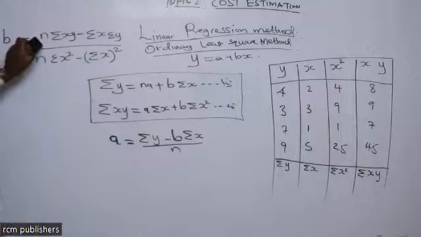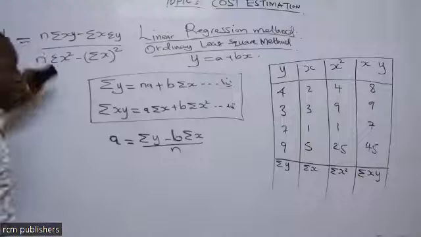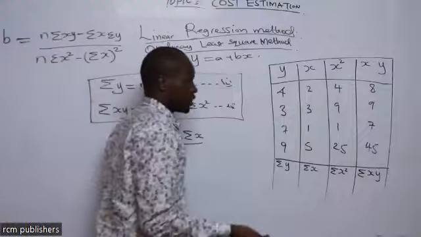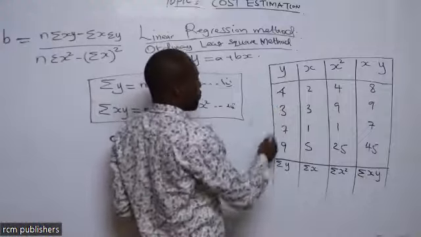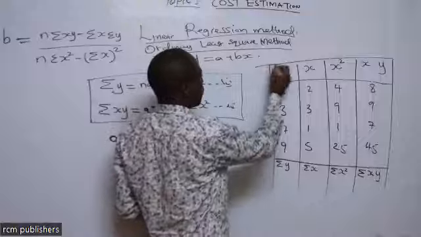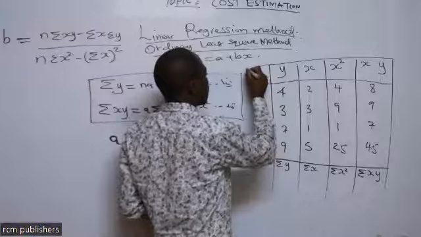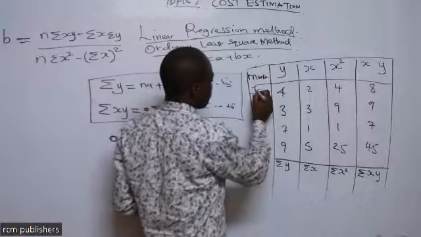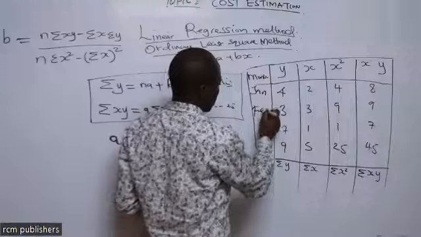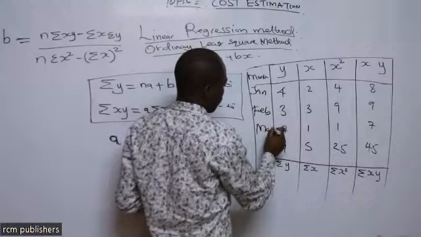This n, somebody is wondering, why are you not even talking about n? N is the number of observations. At this point, how many entries do I have? If I could have been given this one here to represent month, here is January, February, March, April.